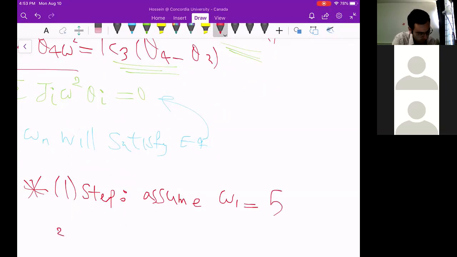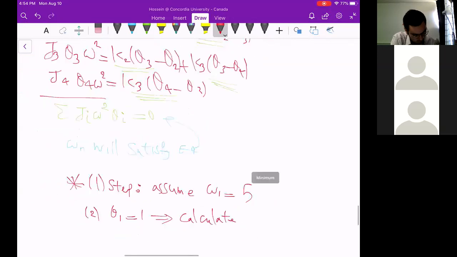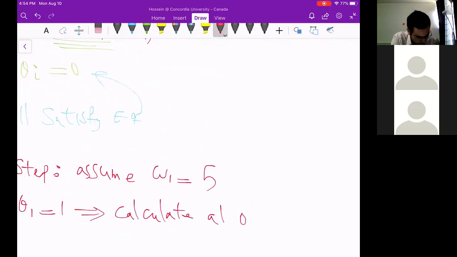The second step is to consider the first deflection or the first rotation as 1, and then calculate all other deflections.